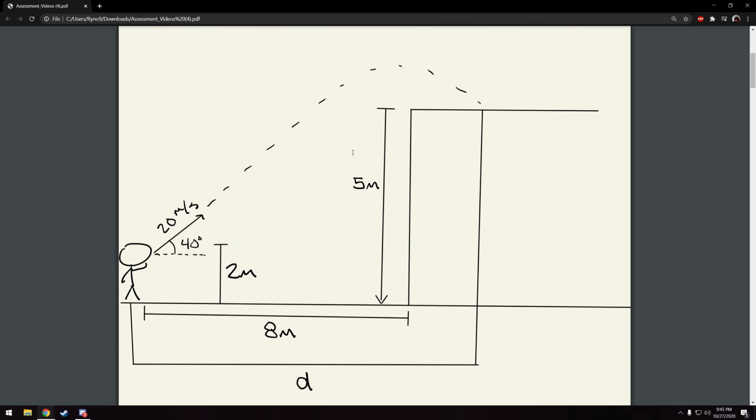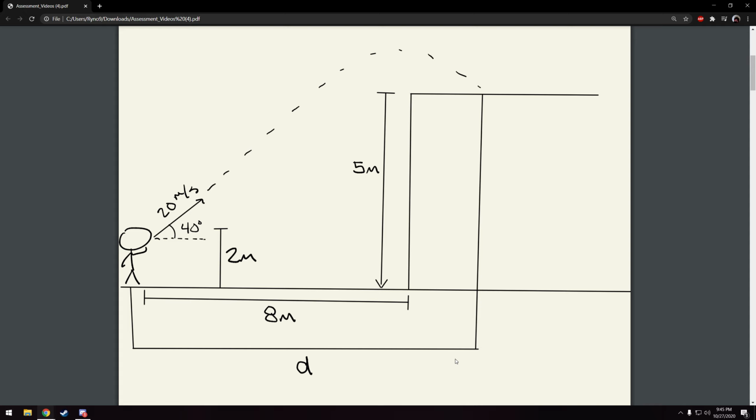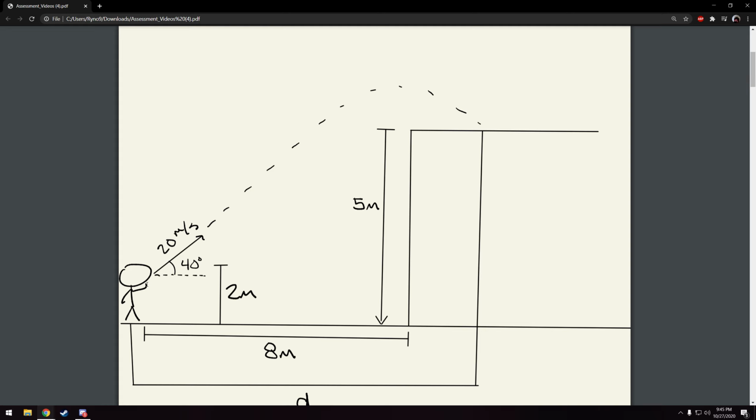So below is the illustration. We have this distance d, that's the length. That's one of the things we're solving for. We have the guy here throwing the ball at a velocity of 20 meters per second at an angle of 40 degrees with a starting position of 2 meters, and the wall is 5 meters, and we're trying to find how long it takes for the ball to travel from his hand all the way to the top of this roof.